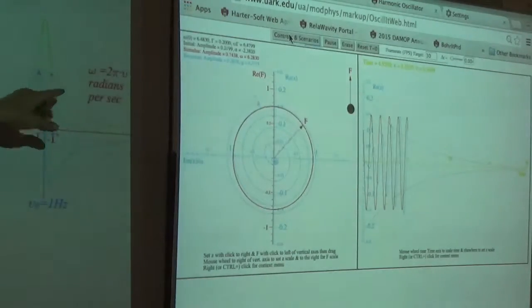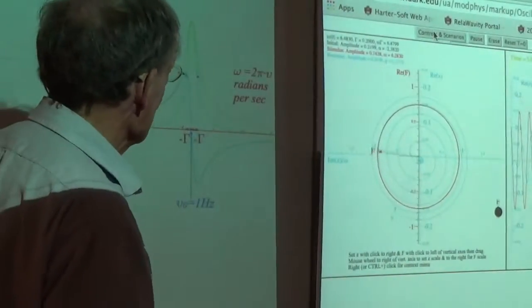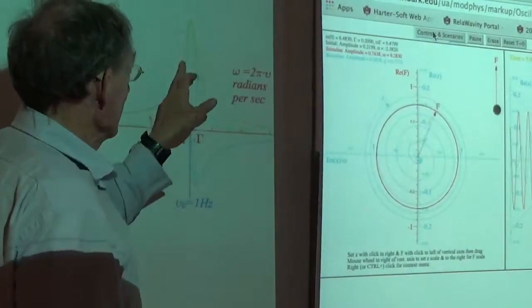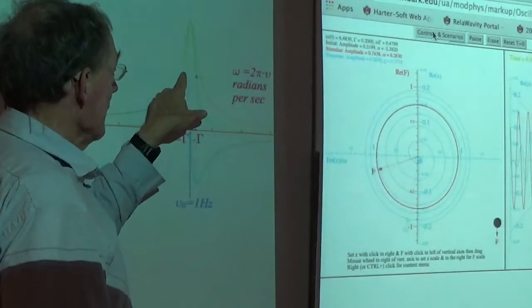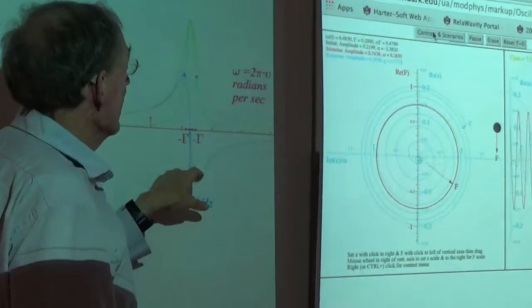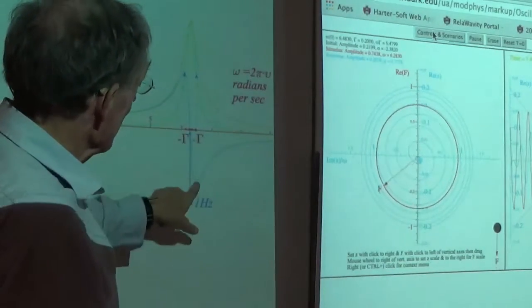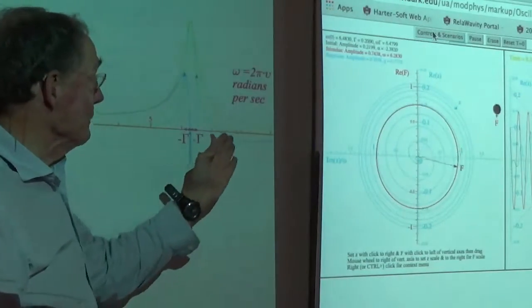These two are basically the same height, however you read the magnitude, or else the imaginary part, or if you don't care about the sign, the real part. The real part's now down here. Now this is an interesting place down here.